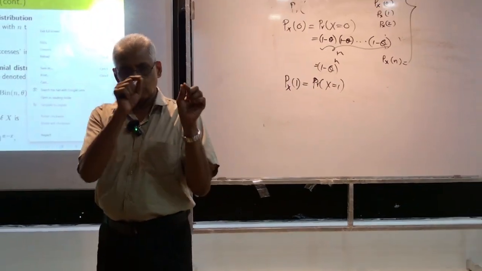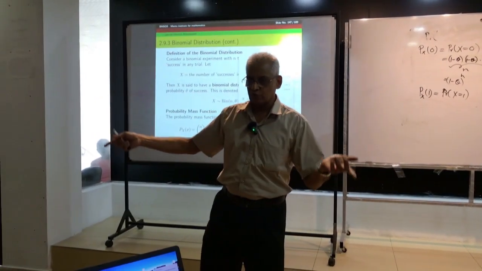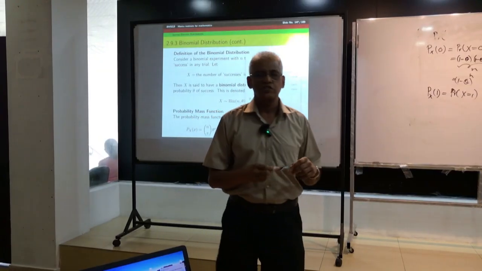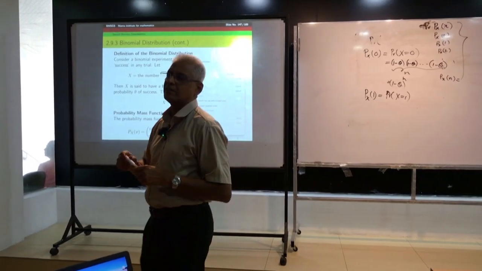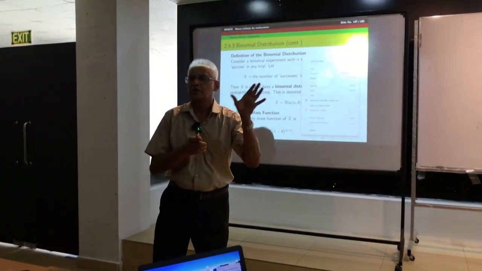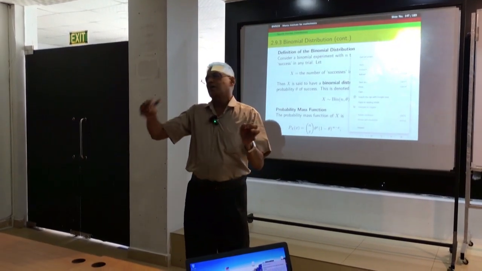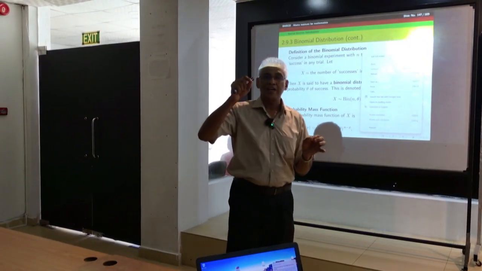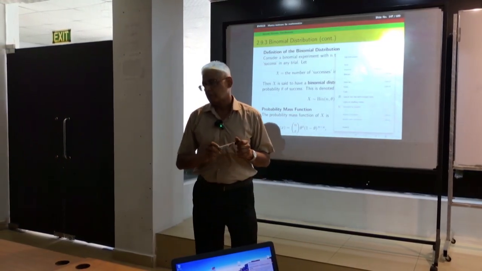Right. So when you say those "or"s, the events are mutually exclusive, therefore there will be additions of probabilities. Within each event, you have first one is a success and all others are failures. Second one is a failure and third one is a failure and fourth one is a failure up to nth one is a failure.